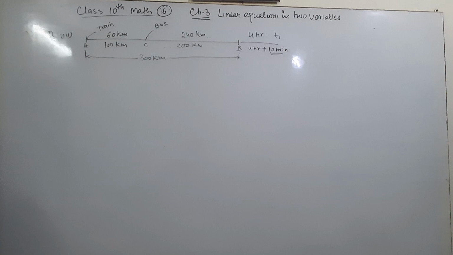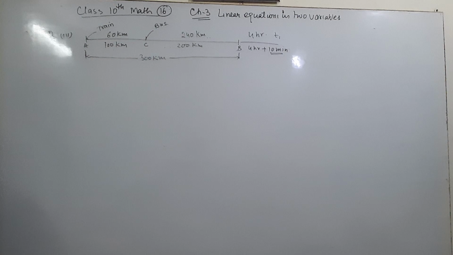T1 is distance upon speed. What is the distance here? From A to C. Time taken from A to C plus time taken from C to B is equal to 4 hours.